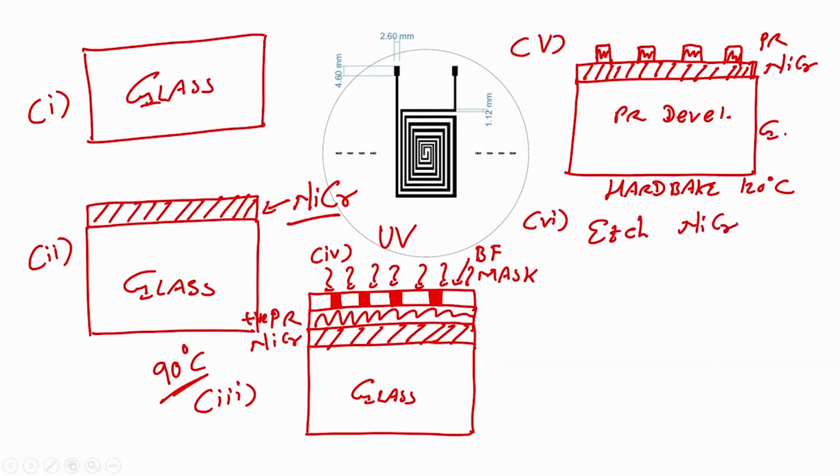Right. So, when we etch nichrome, the area which is protected by photoresist will not get etched and the area which is not protected by photoresist will get etched. So, what will we have?